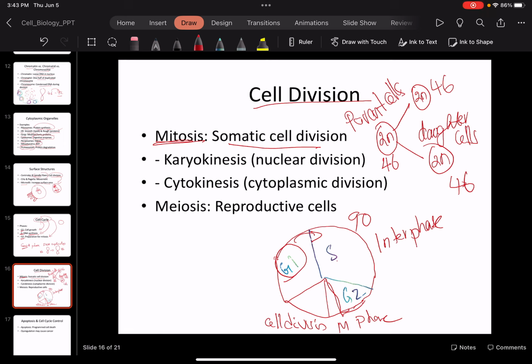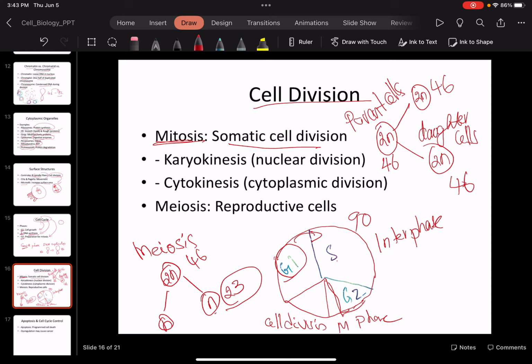If you look at the other cell division, meiosis, the parent cell is 2N and makes haploid cells. This diploid becomes a haploid cell: this is 46, and this only has 23. If it's an ova, 23, your mother gives you 23 chromosomes from her, and your dad provides another 23.